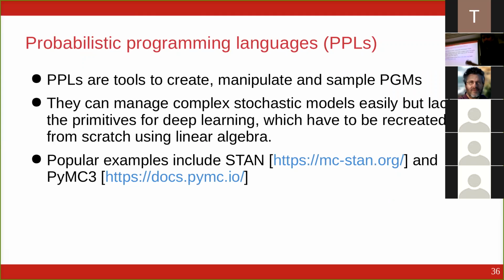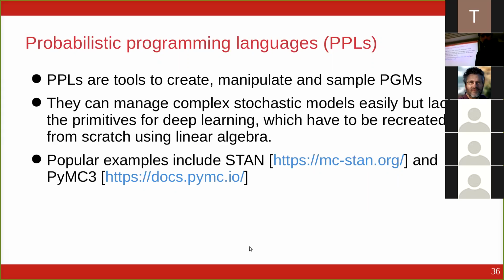The benefit is they can work with very complex stochastic models easily, but most of them implement just basic mathematical primitives for everything else, which means that all the primitives for deep learning will have to be recreated from scratch.